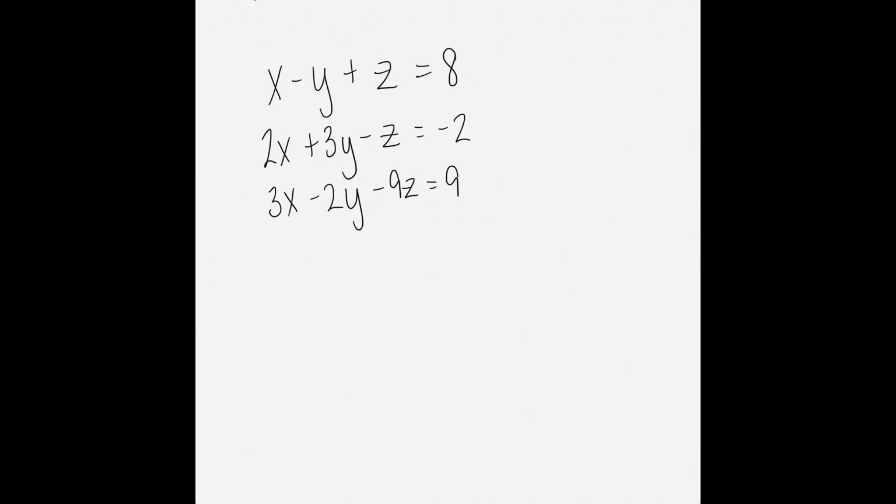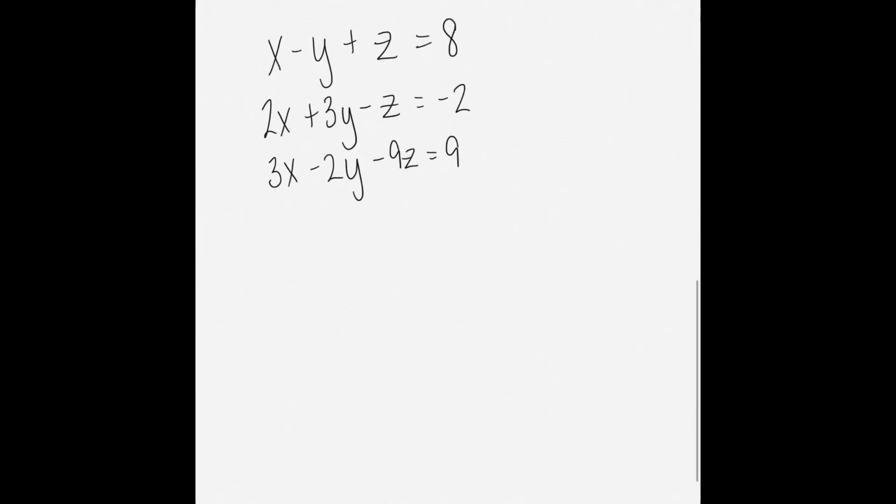All right, let's try another one. How about a 3 equation, 3 variable system. Remember, you can always work the other method, but I want to show you the matrix version.